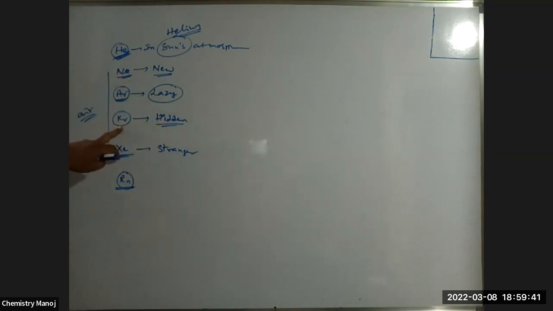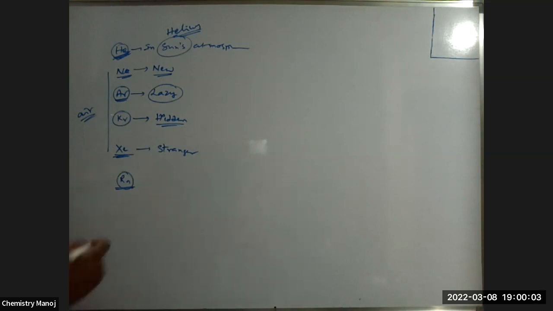That is krypton. At last, air contains an unknown element, a stranger element, taken as xenon. That is the theory behind the naming of the elements.